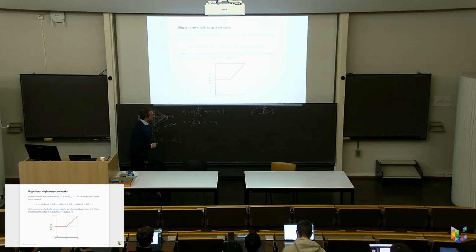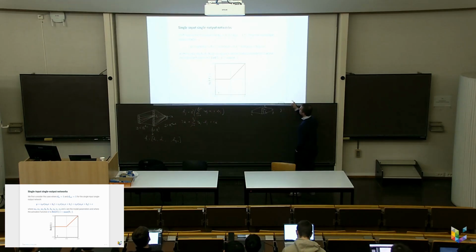Okay, so mathematically it means that this output will be computed like this. So we compute each element in the hidden layer. So we have sigma, some activation function, times W0 x plus V0, plus sigma W1 x plus V1, plus sigma W2 x plus V2.